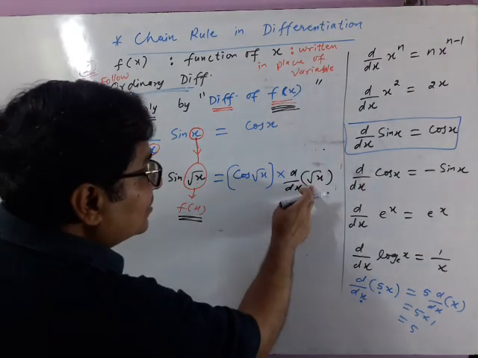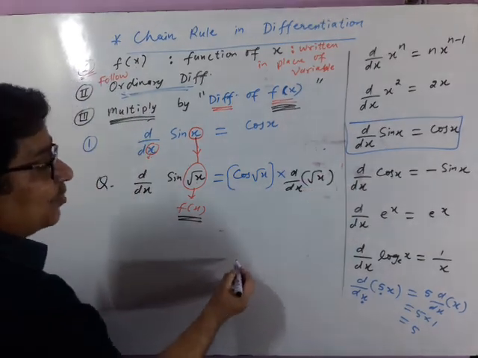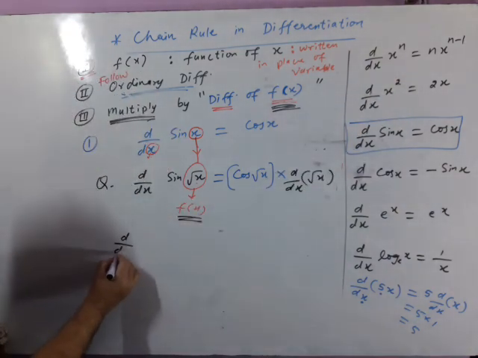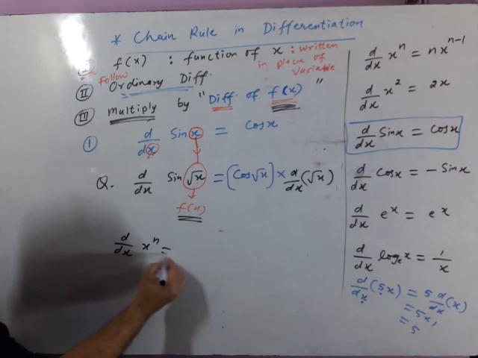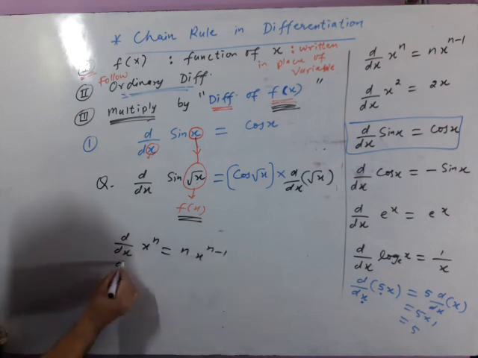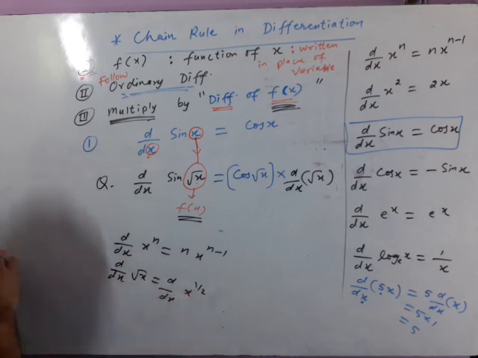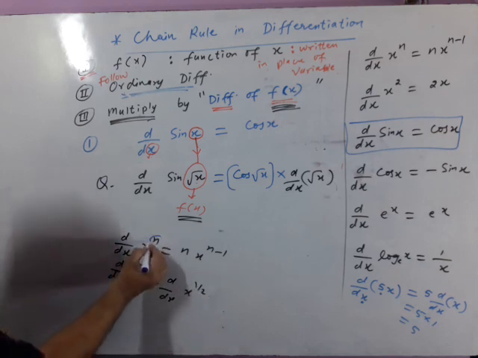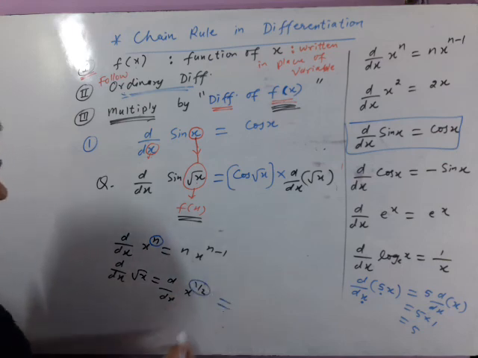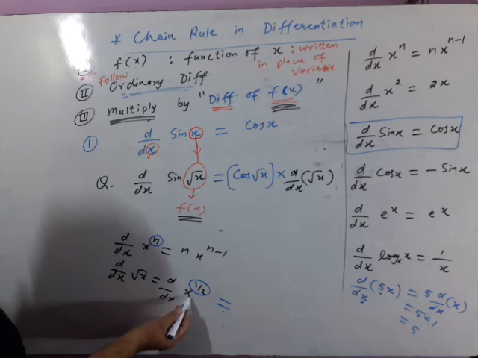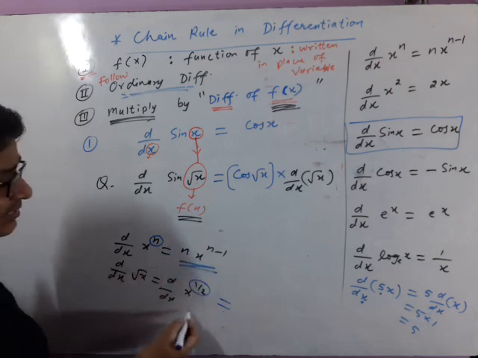Now how to find this differentiation? You know, from this formula, I am writing it for you. dy dx of x raised to the power n is n x raised to the power n minus 1. So dy dx of root x. Root x means x raised to the power 1 by 2. Focus. In place of n, 1 by 2 is written. So this is the answer.